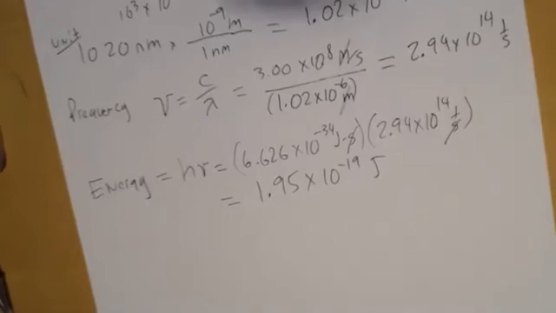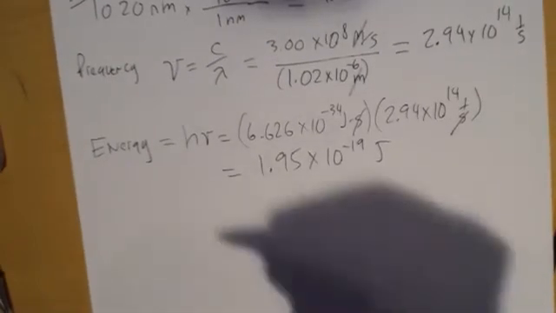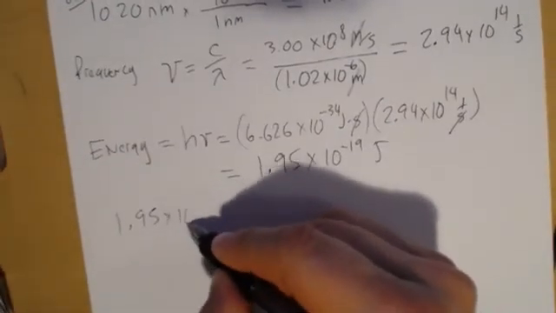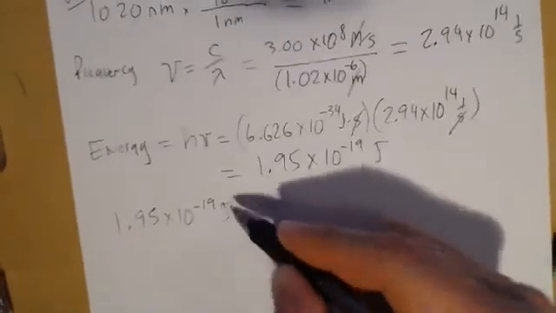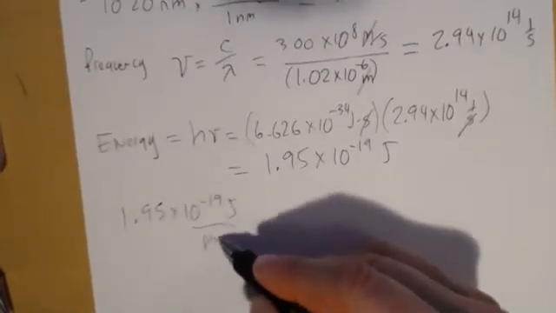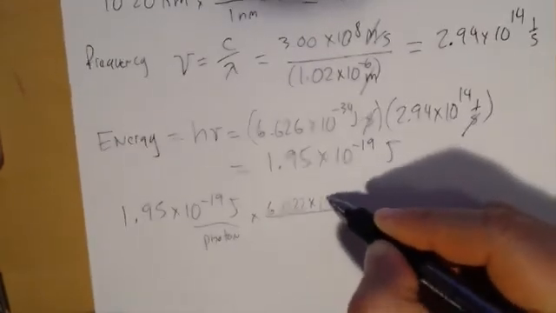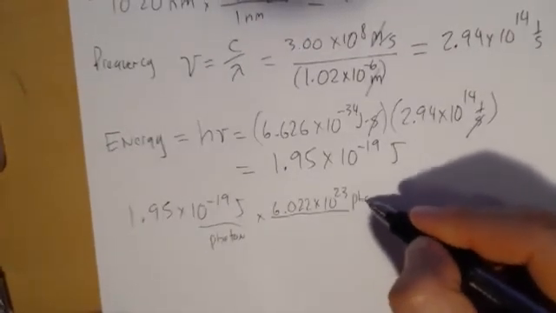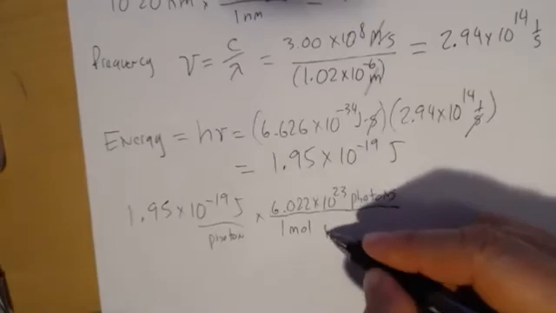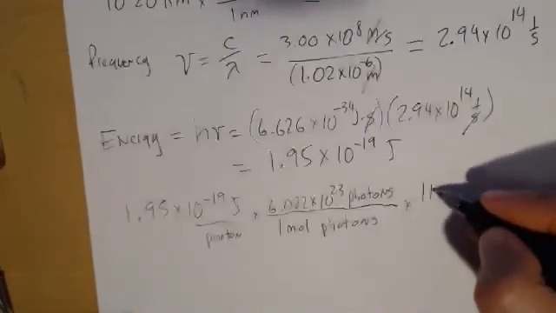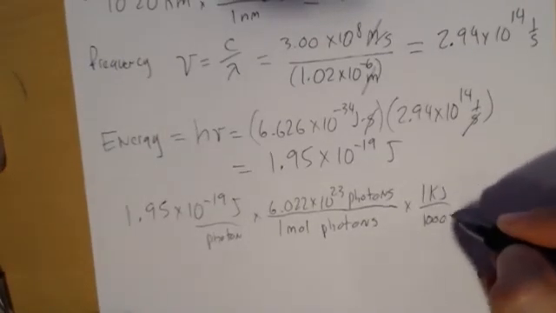And then again, we could take that and find that in kilojoules per mole if we wanted to. 1.95 times 10 to the minus 19 joules per photon times 6.022 times 10 to the 23 photons per 1 mole of photons times 1 kilojoule over 1,000 joules.